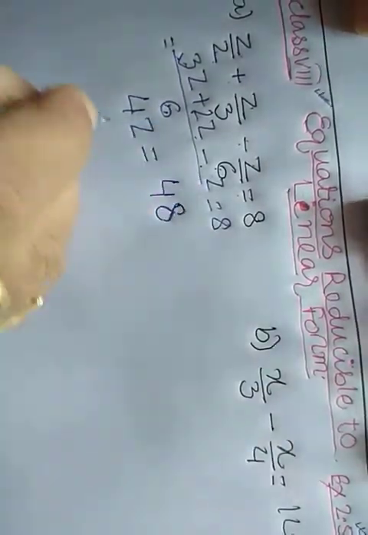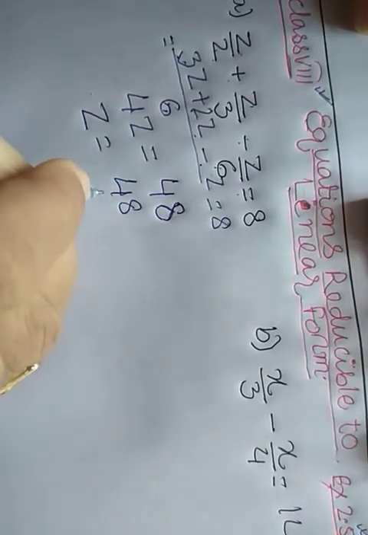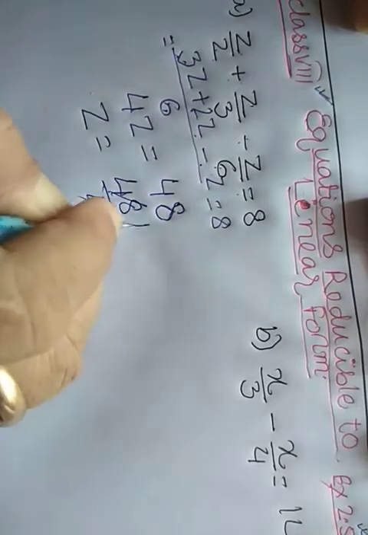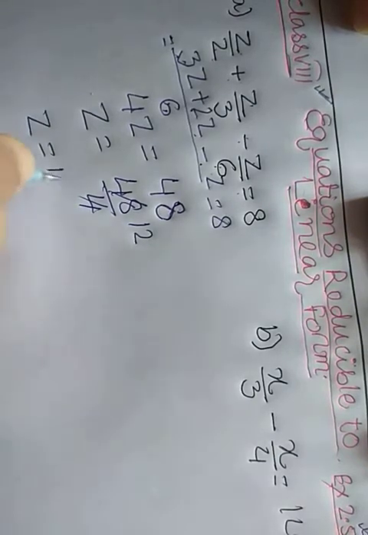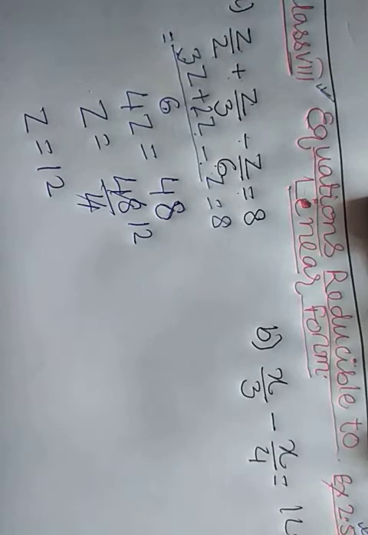So z is equal to 48 by 4. 4 12s are 48. So your z is equal to 12. I think you understood how to solve this type of question if it is given.